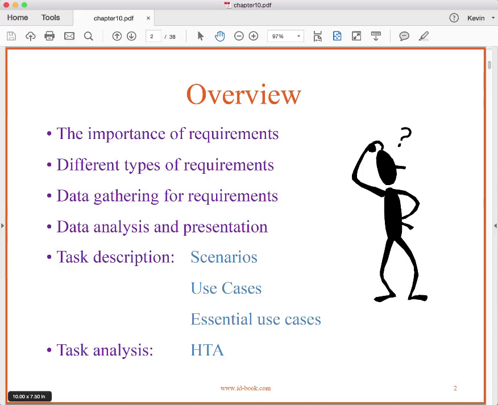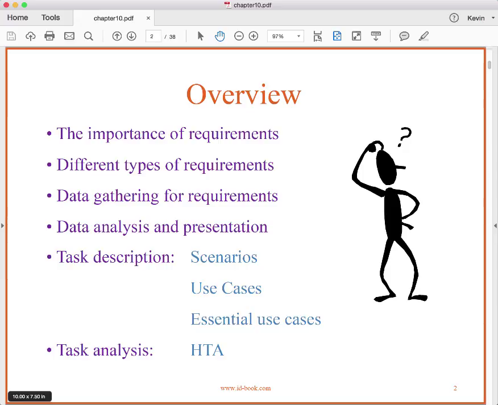We're going to be talking about the importance of requirements, different types of requirements, data gathering for requirements, data analysis and presentation, task description as part of an expression of requirements, and we're going to cover 3 different ways to express requirements as task descriptions: scenarios, use cases, and essential use cases.